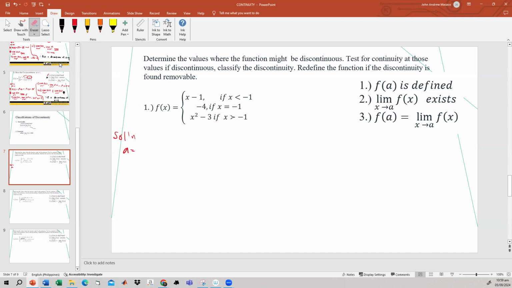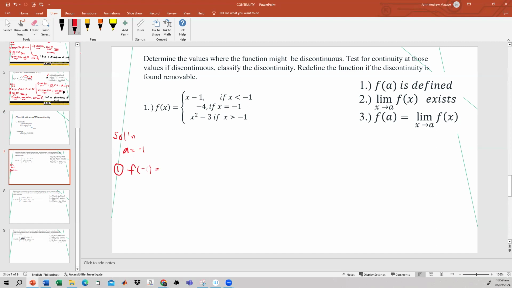So we want to look at x equal to -1 and check if the function is continuous at -1. We need to check the first condition for continuity. Of course, the function value must exist, so f of -1 must exist.